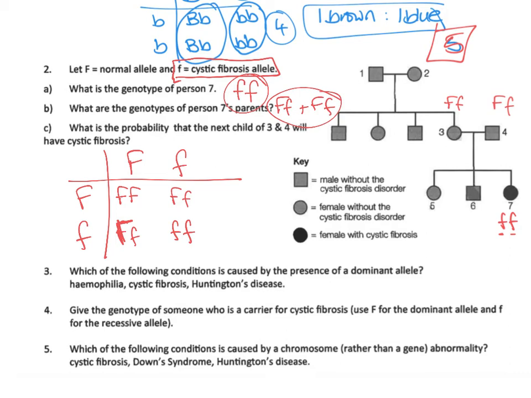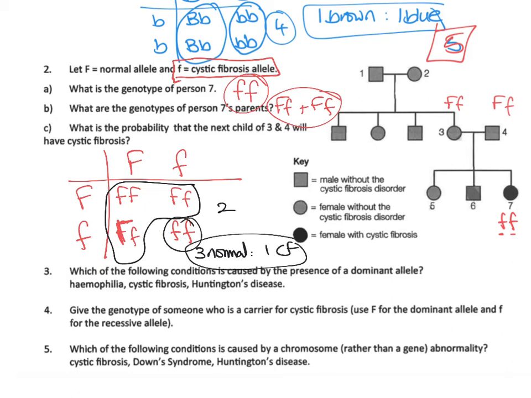If we look at the offspring, you get 2 marks for getting them all right. These 3 have all got 1 big F, so that's 3 normal, 1 cystic fibrosis. Now, you don't need to write that down, but you do need to answer the question, what's the probability? Well, 1 out of 4 have cystic fibrosis, so the answer there is 1/4. And you get one mark for that, plus 2 for that.